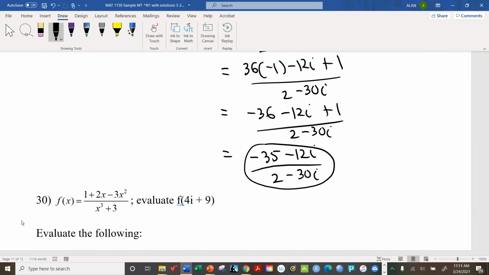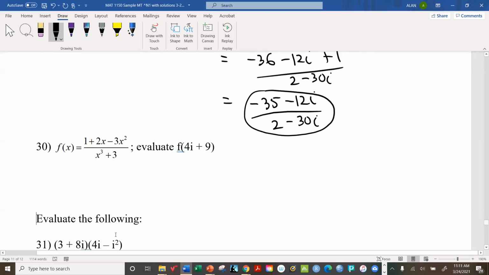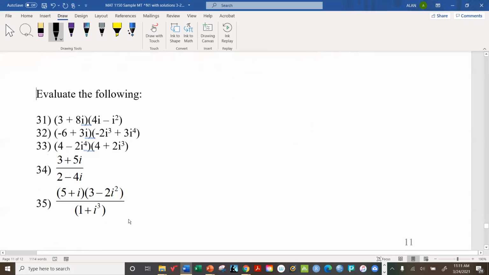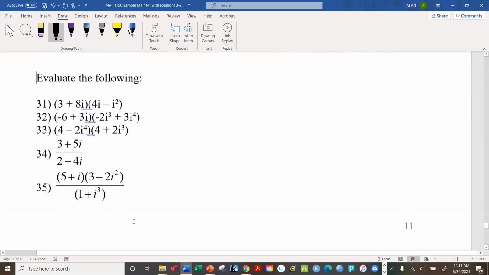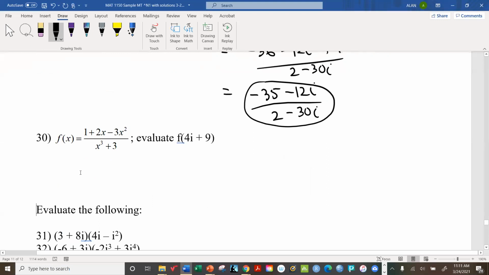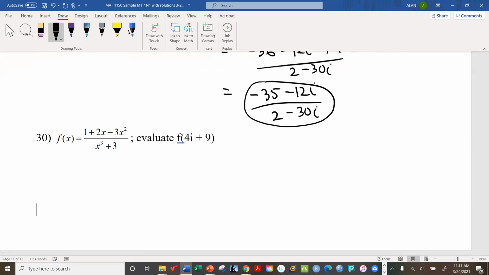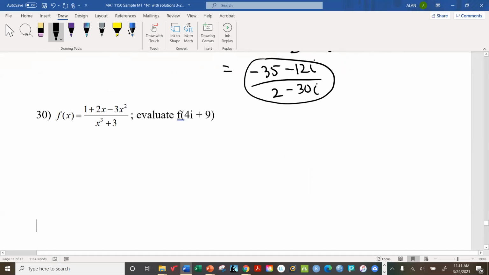Now, this next one is the last one, which is good because this one is actually quite a mess, but it's good practice. We've got more i's in our future here anyway. So let's see what's going on here. This one is a bit more complicated, but we can do it.